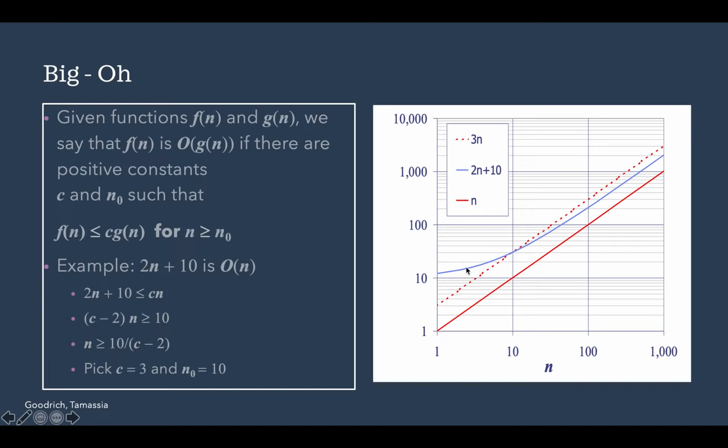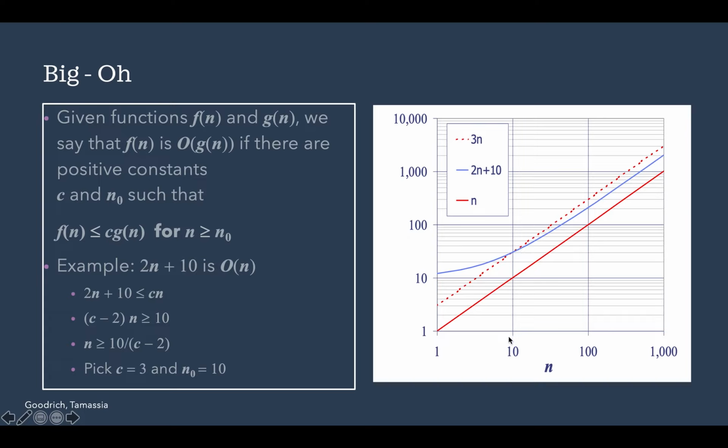At this point you can say that 2n plus 10 is growing faster than 3n. But after this point, when n is equal to 10, 2n plus 10 takes a different nature, where the growth rate is lower than 3n, and it goes parallel after that. So this point where you find a difference in behavior, 3n takes the upper hand and it never converges.